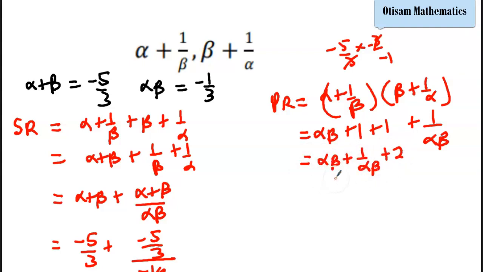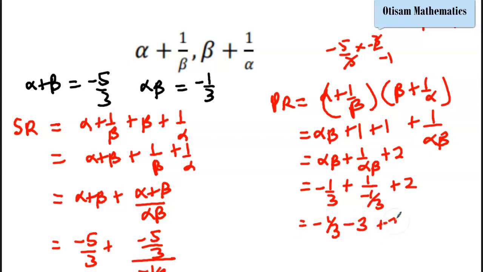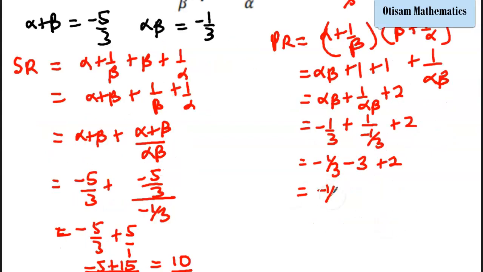So alpha beta is minus 1 on 3 plus 1 over minus 1 on 3 plus 2. So 1 on 1 times minus 3 over 1. So here we have minus 1/3 minus 3 plus 2, which is minus 1/3 minus 1, which is equal to minus 4 on 3 when you simplify.